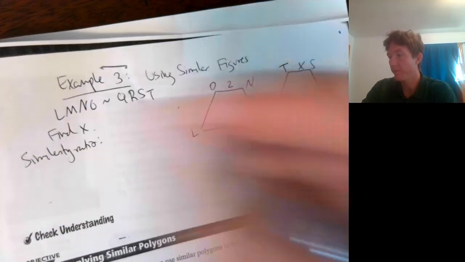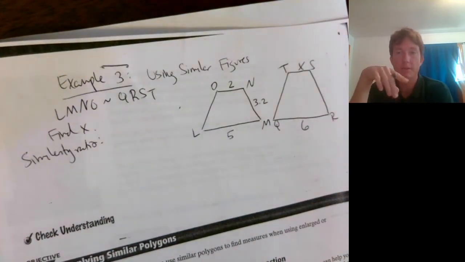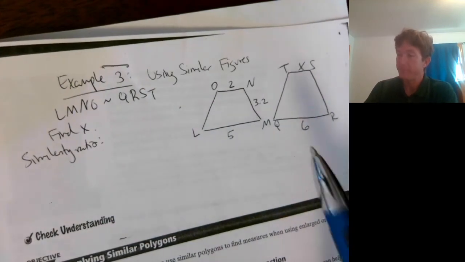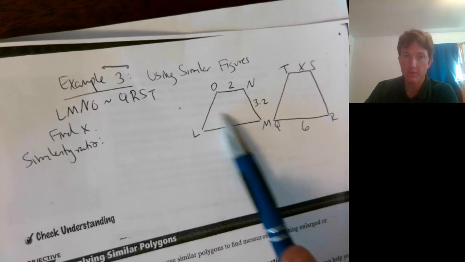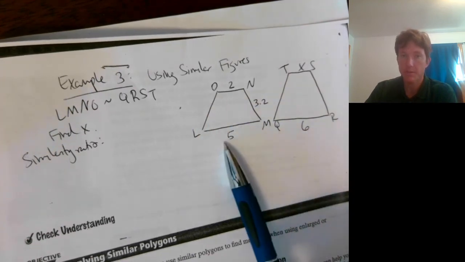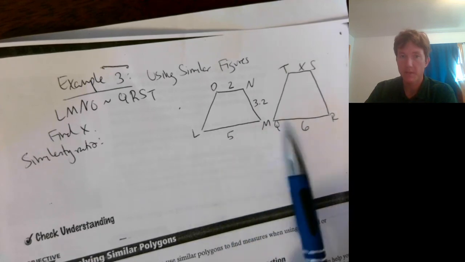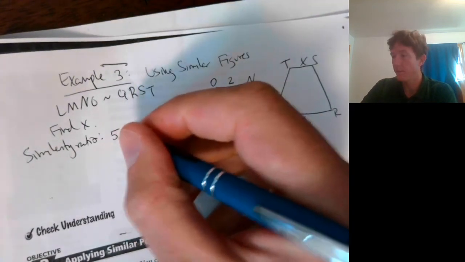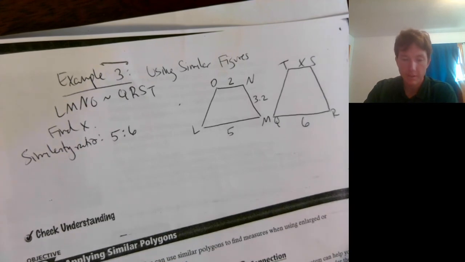With that previous example, I did every single side because I didn't know if they were proportional, so I was just confirming it. I know that they are proportional, that's a given, so I can just say that the ratio here is a 5 to 6. Okay, so the base here is 5, the base here is 6. That's our ratio we're dealing with, 5 to 6. Okay, and we want to find out what X is.